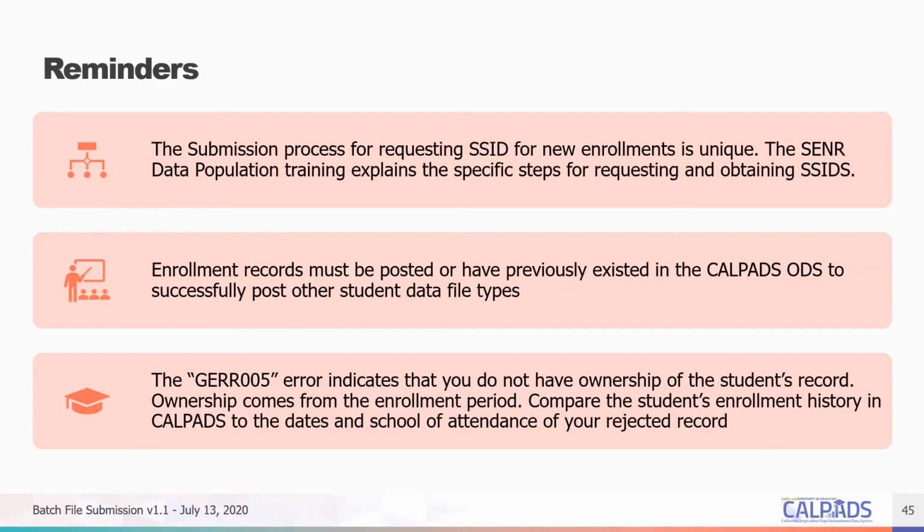The GERR 005 or GER5 error indicates that you do not have ownership of the student's record. Ownership comes from the enrollment period. Compare the student's enrollment history in CalPADS to the dates and the school of attendance of your rejected record to identify the discrepancy and the source of this error.